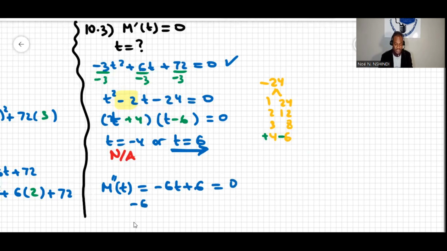So negative 6t will be equal to negative 6, and dividing both sides by negative 6, we will have t equal to 1. So the maximum rate of change, in other words the point of inflection, occurs after 1 hour. Thank you.